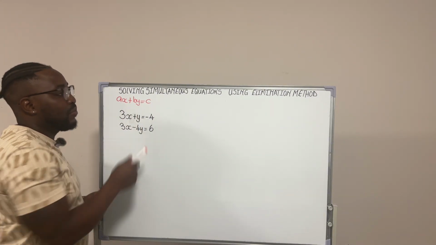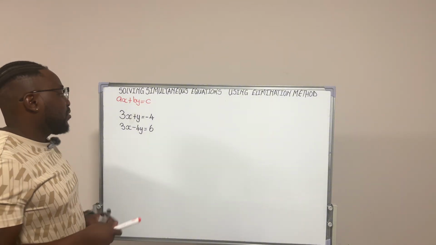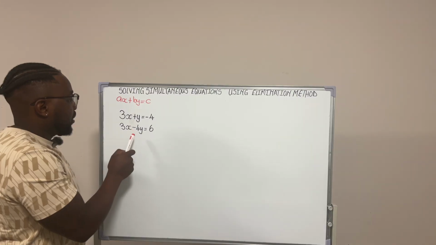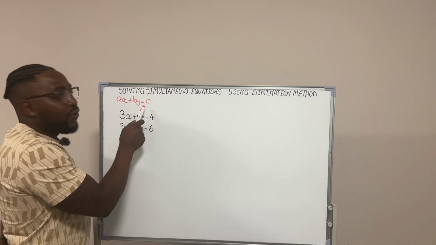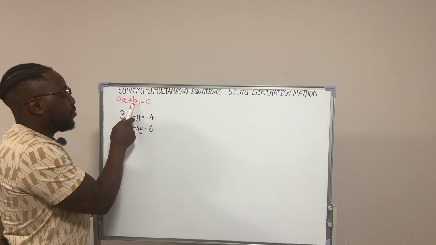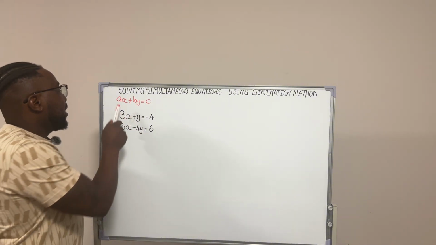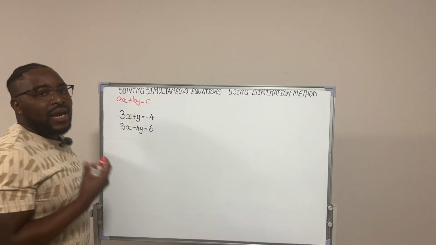This is the standard form of simultaneous linear equations, and if we look at both of our equations, we can tell that they are in this form. The a is a constant, the b is a constant, and the c is a constant. What I mean by constant is that a, b, c are numbers.